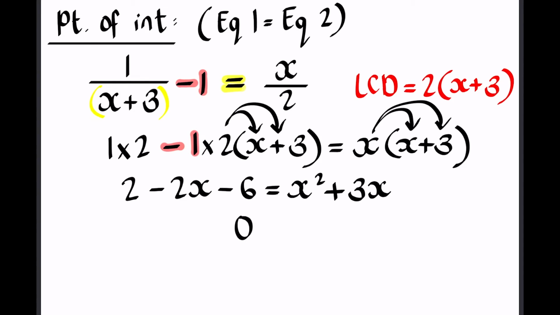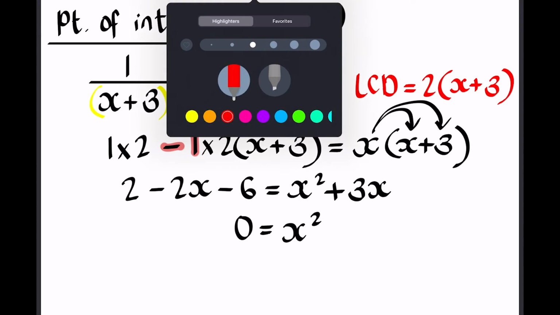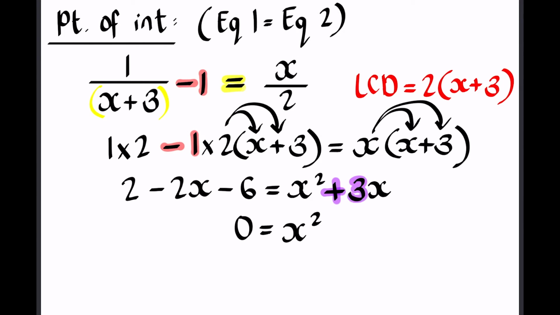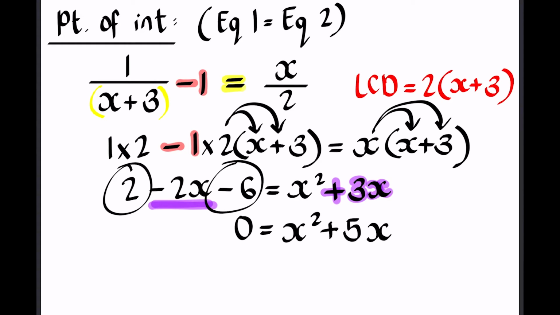So I have 0 equal to x squared, the plus 3x will stay there, but this minus 2x when it goes across becomes a positive 2x, so 3x plus 2x is positive 5x. This 2 and this minus 6 becomes minus 4, and when it goes across it becomes positive 4.